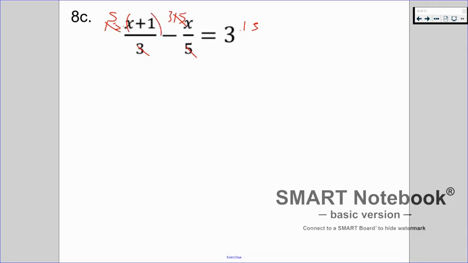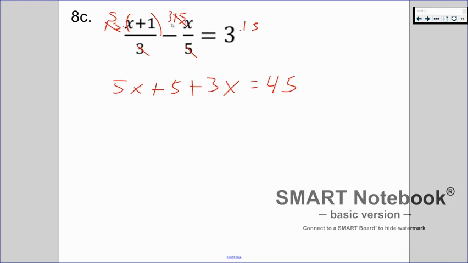I don't have a denominator anymore, so it's 5x plus 5 plus I have 3x, and then 3 times 15 I think is 45. Don't have to worry about any kind of x squareds. I do realize I think I forgot a negative over here.